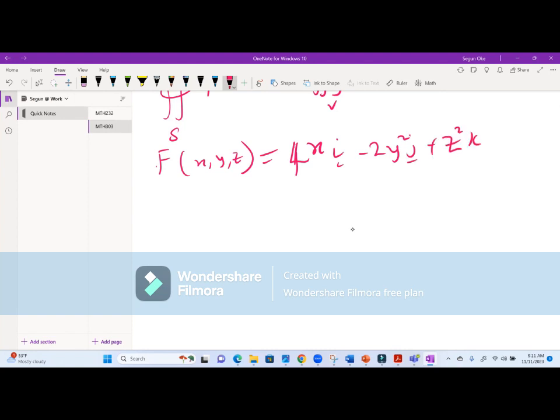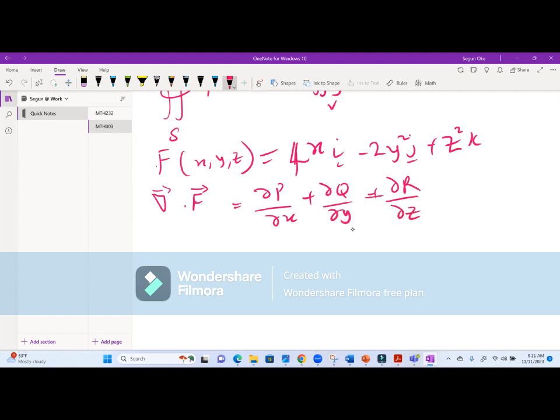Now, what do we need to do here? We first need to define this the way we did the other time: P dx plus Q dy plus R dz.